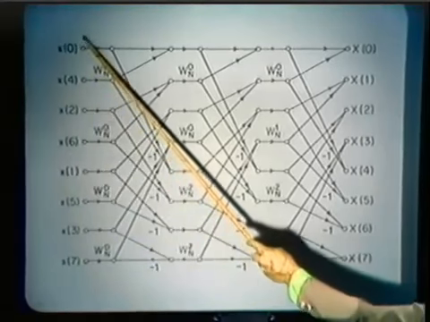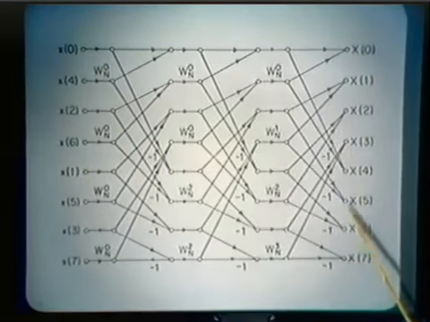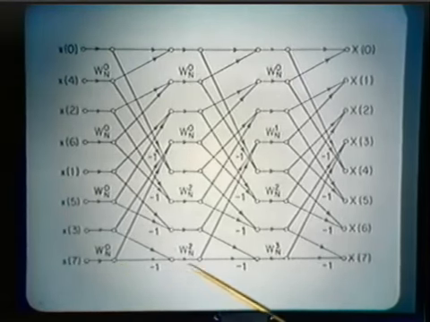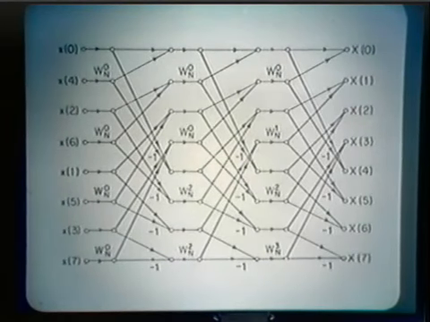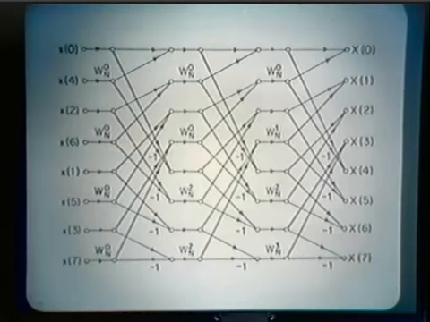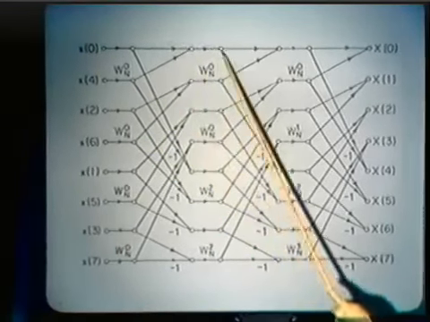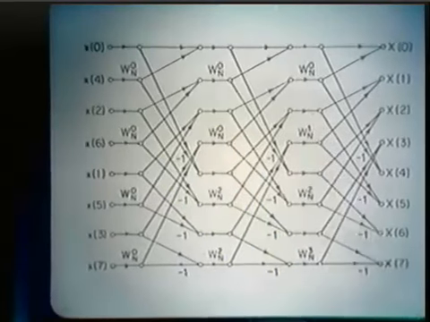Let me point out, first of all, that the input is in bit reversed order, the output is in normal order. And now let me explain in a little more detail why this flow graph allows the use of sequential memory rather than random access memory. First of all, let me indicate that the organization of this flow graph is identical from stage to stage.